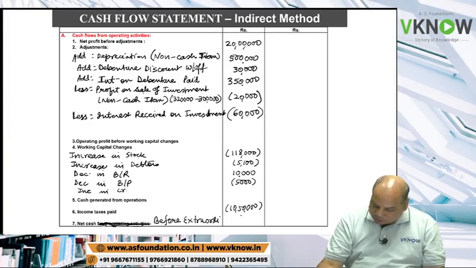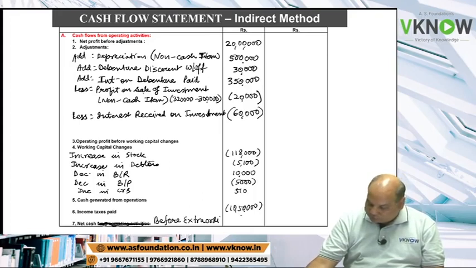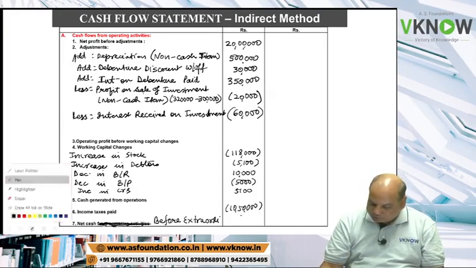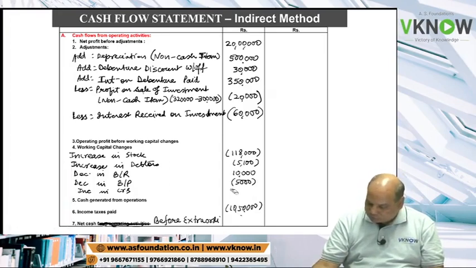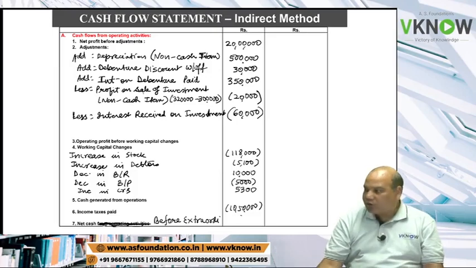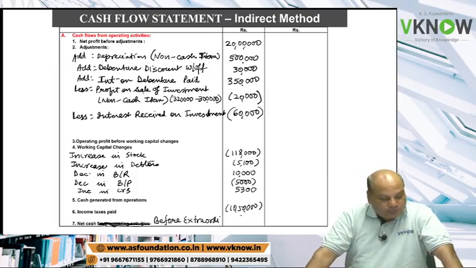Increase in creditor, 171,300 minus 1,66,000, 5100. Sorry, 5300. Increase in creditor, increase in cash flow.